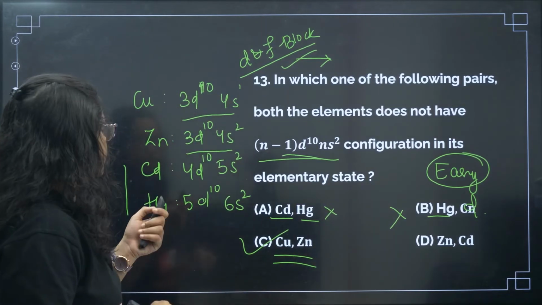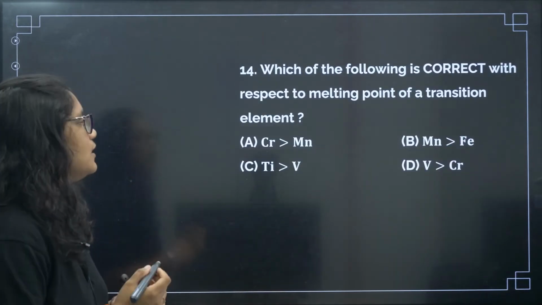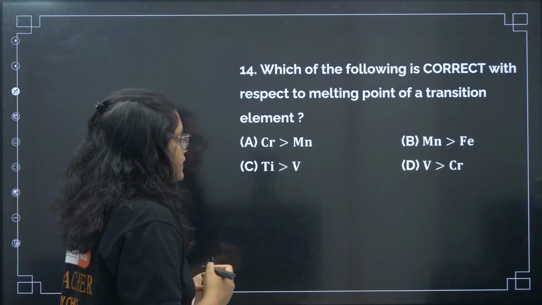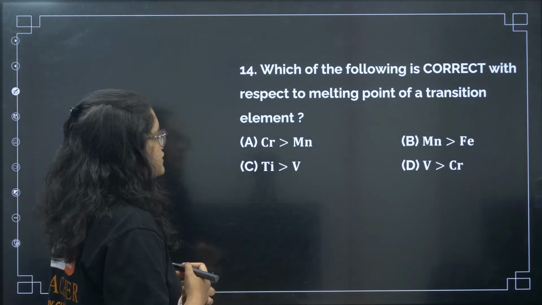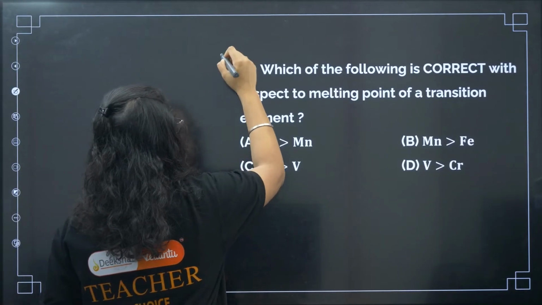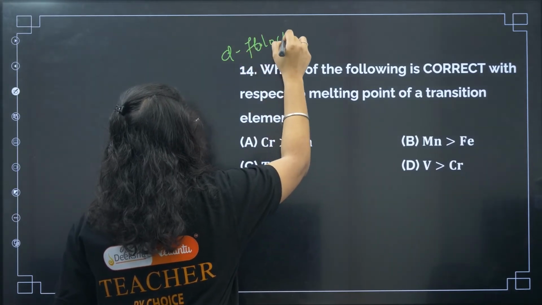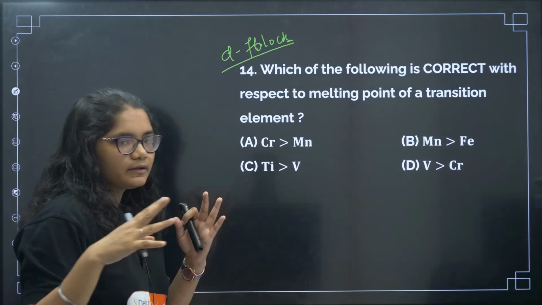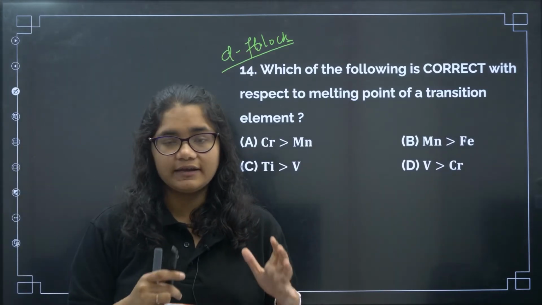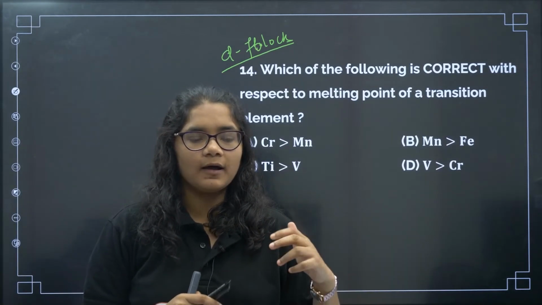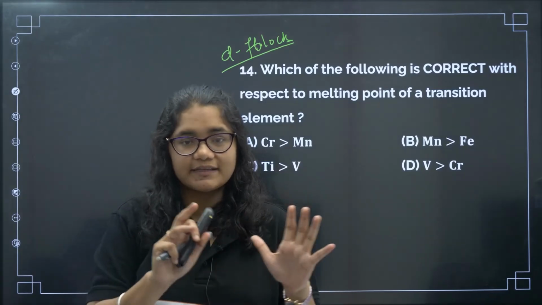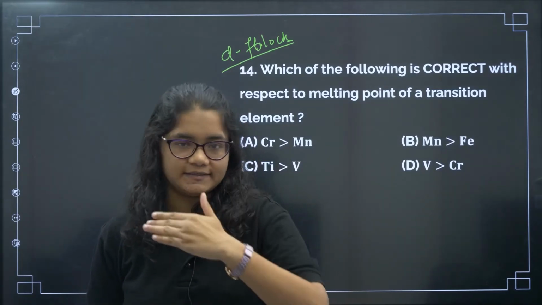Okay, now let us move towards the next question here, 14. Which of the following is correct with respect to the melting point of a transition element? Again this question has come from your D and F block properties, right? Okay, so now if you have remembered, along the period in the d transition elements, the size first decreases, then remains constant and then increases, right?